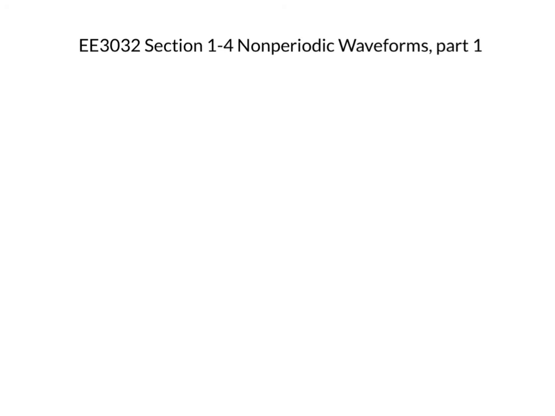Section 1.4 covers a variety of signal types that are used to model non-periodic or non-repeating signals. So any signal that we want to have a mathematical model of it that helps us with analysis and so on. What we're going to do today is look at several of the building blocks of signals and do a little bit of analysis of them.